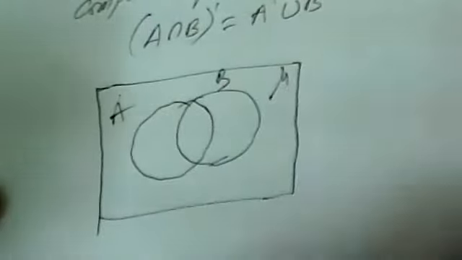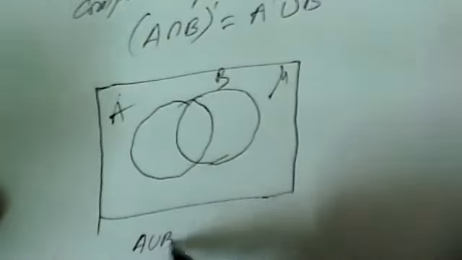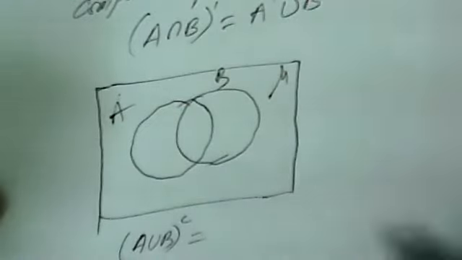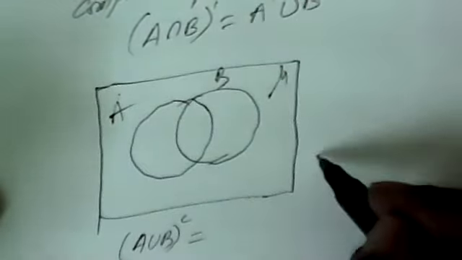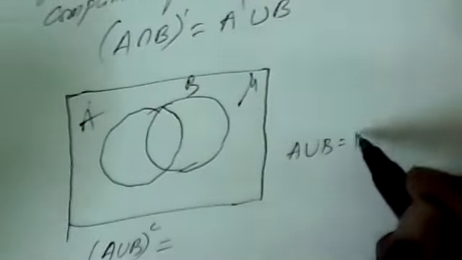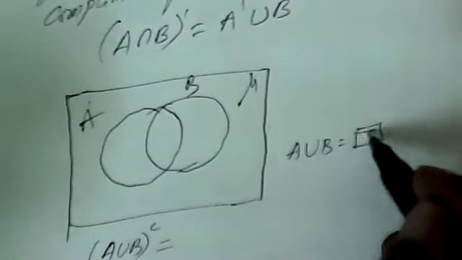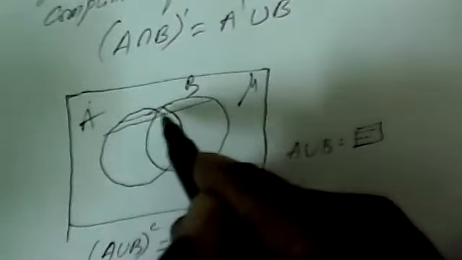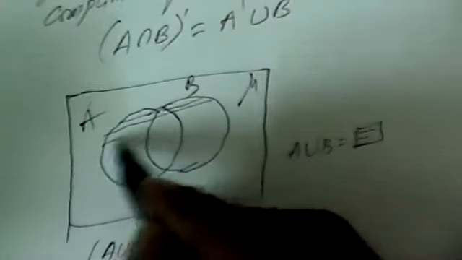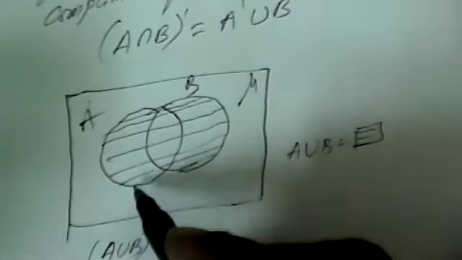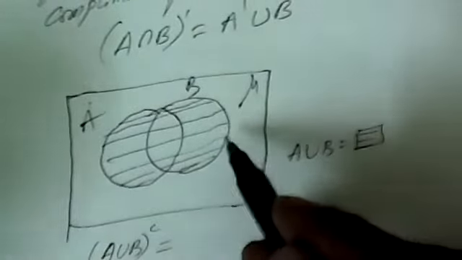Now we'll see the Venn diagram for A union B whole complement. Exactly. So let us denote A union B by horizontally shaded lines. This is union of two sets. See, up to A only you have to get this line. So A union B is shaded horizontal.